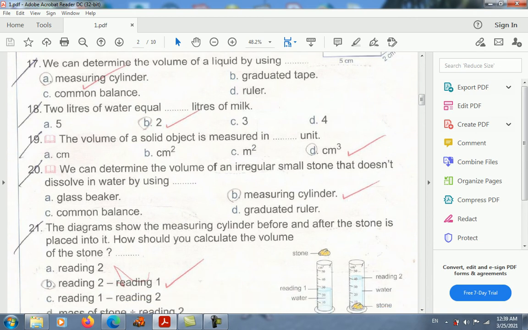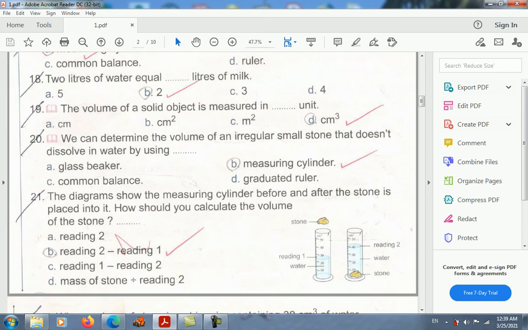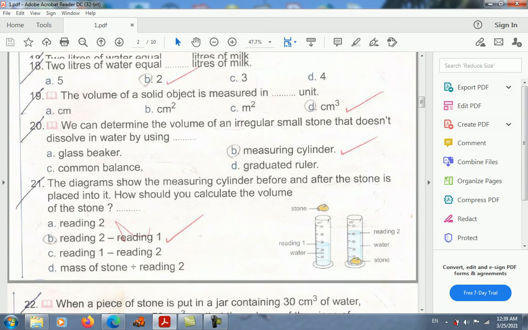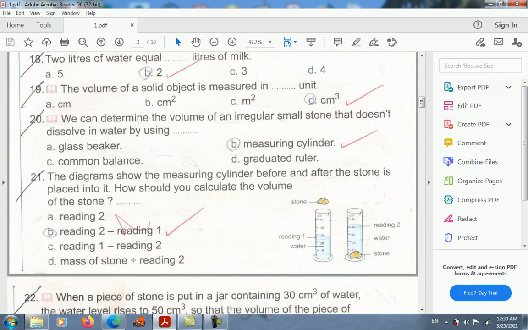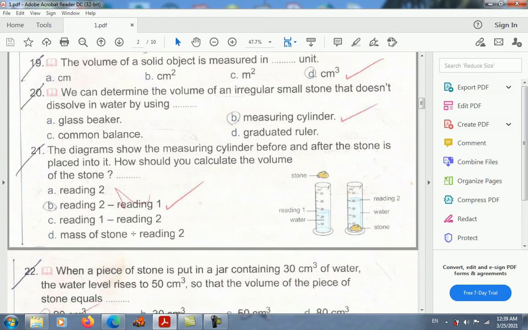We can determine the volume of a liquid by using measuring cylinder. 18. 2 liters of water equal 2 liters of milk.